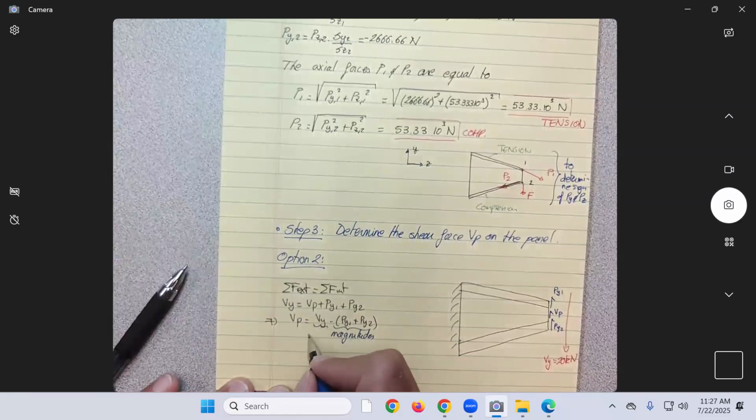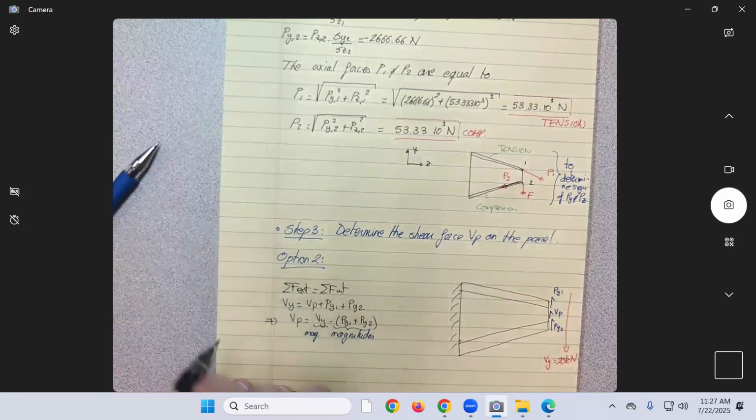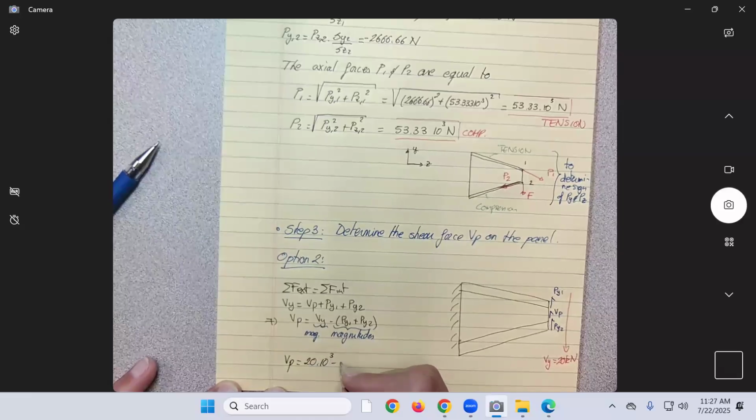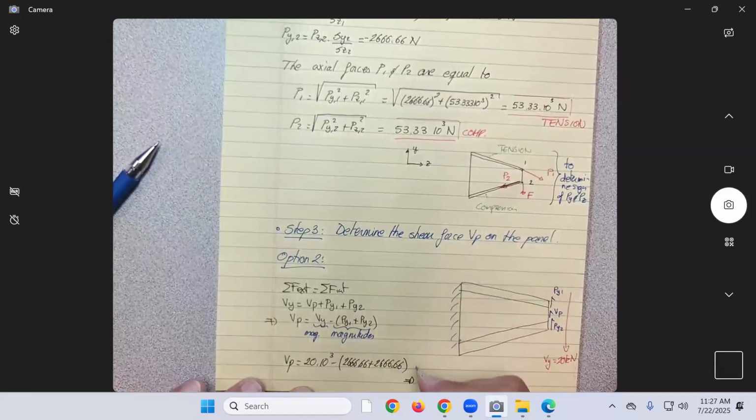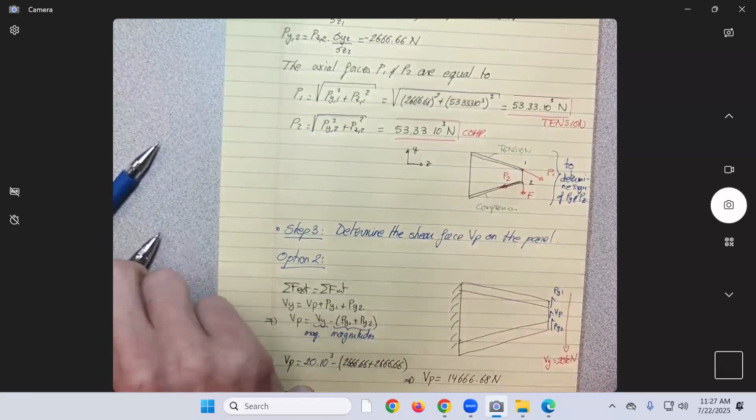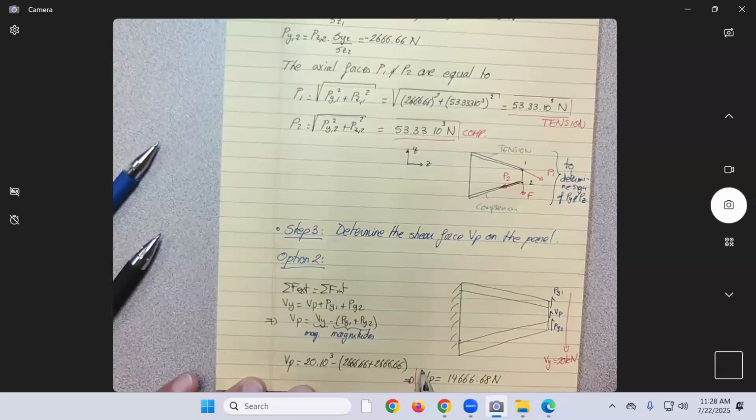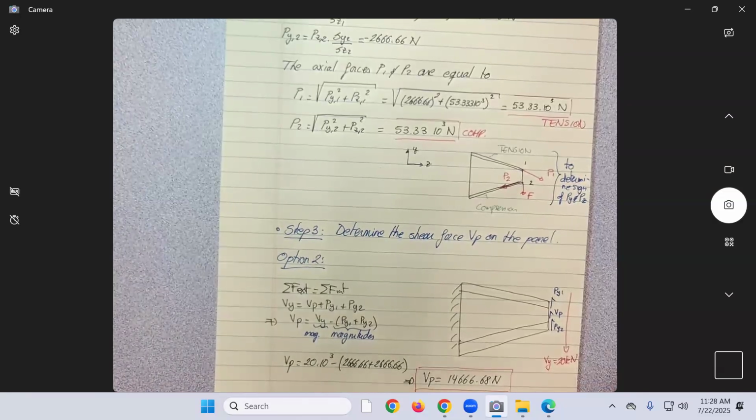So Vp equals 20 times 10 to the 3 minus 2,666.66 plus 2,666.66, and this gives us a Vpanel of 14,666.68 Newton. This is the shear force in the panel.